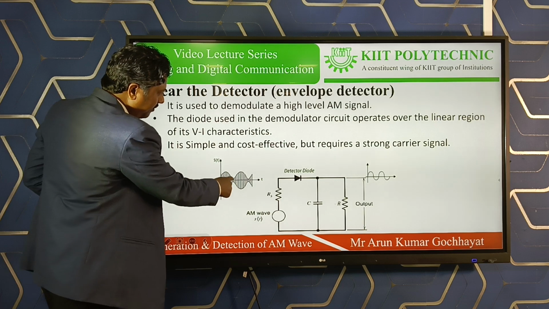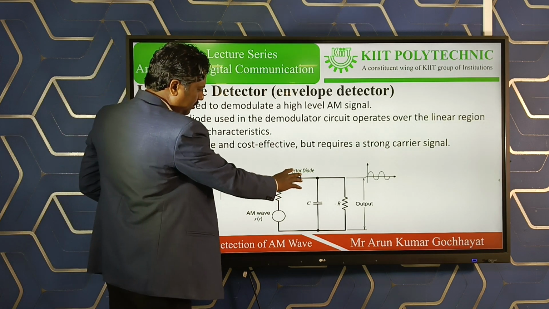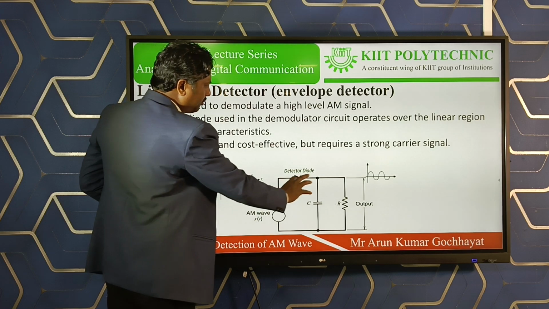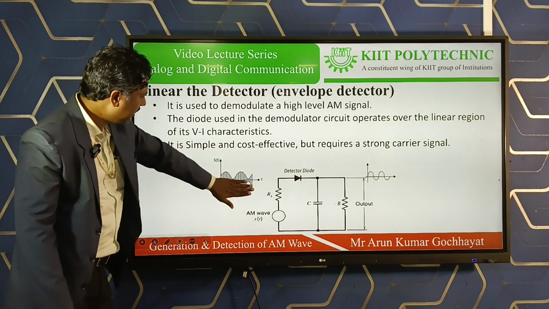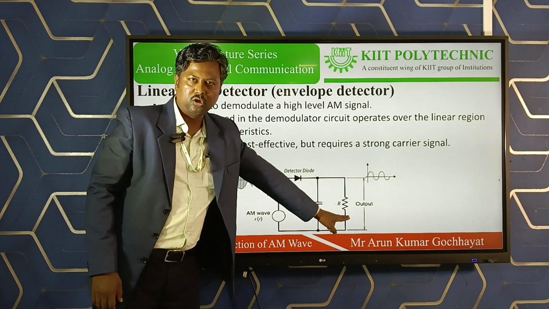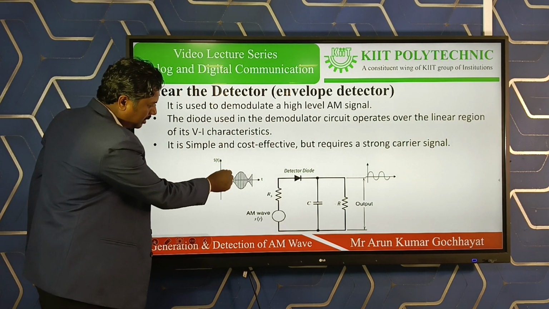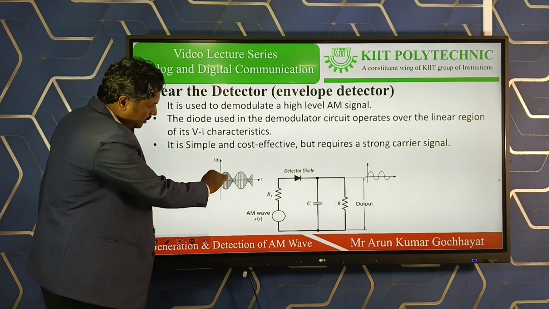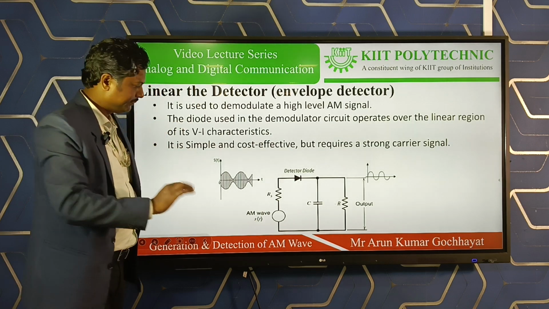But during the negative half, the diode moves to reverse bias and it will not provide you any output. So only the positive side will reflect across the load. So if we get the positive side, that means positive amplitude, that means the amplitude of each positive cycle.